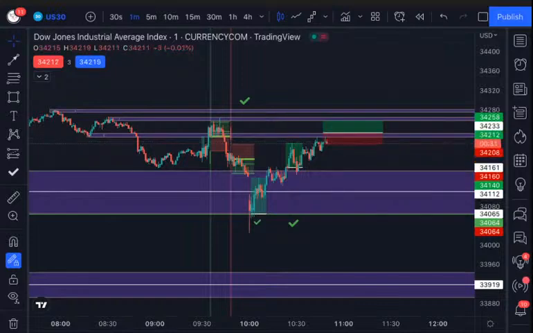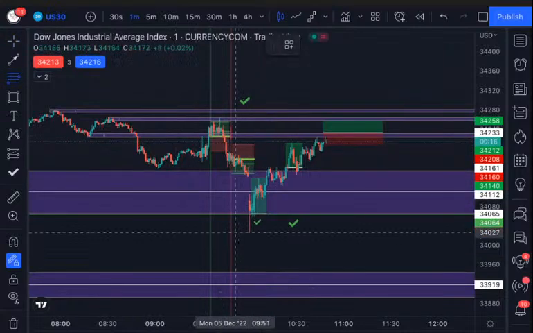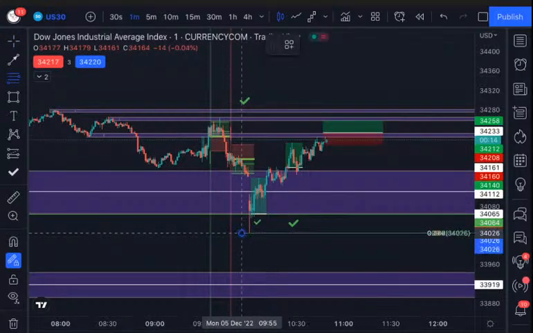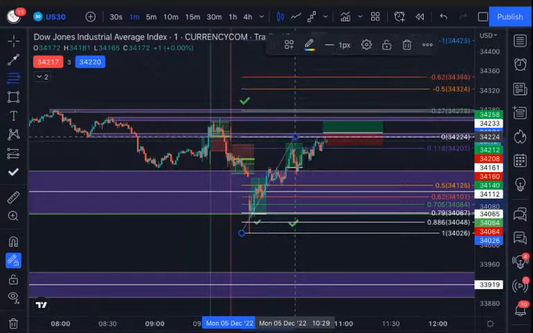Yeah, it might be overextended. It needs to pull back a little. I feel like right now it just needs to do an extra 30 points, and we'll be good.